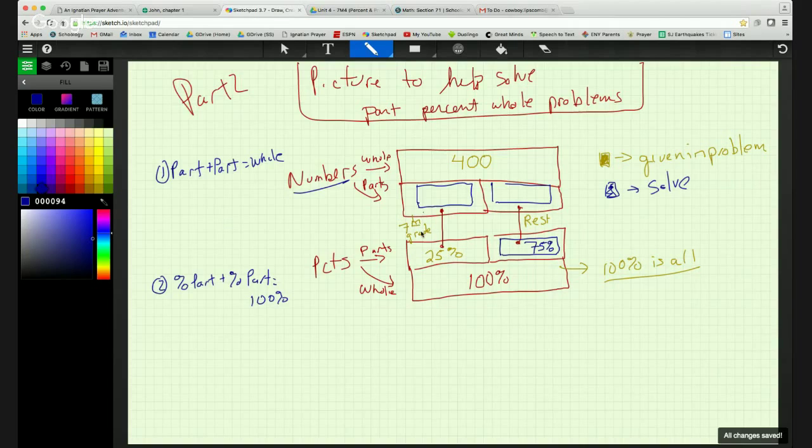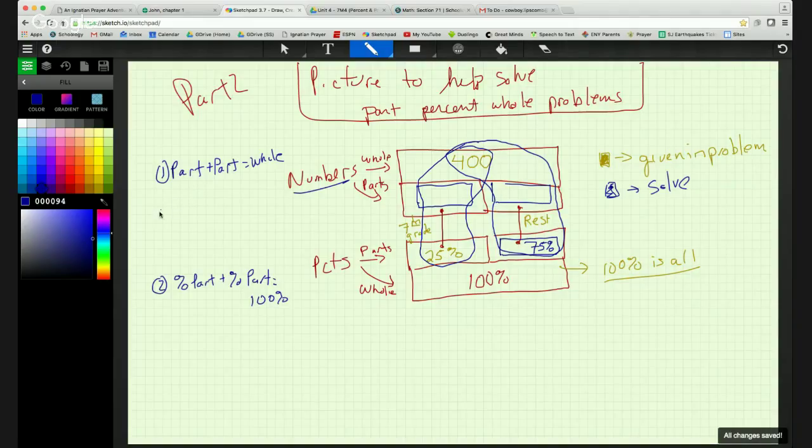Now, the other 2 equations are kind of hidden, but they connect back to what we just learned. We have this part equals percent times whole, and we have 2 of those equations. One of them is here and one of them is here. This is so cool.